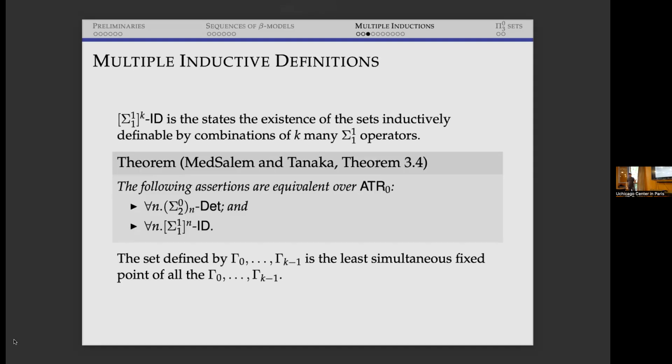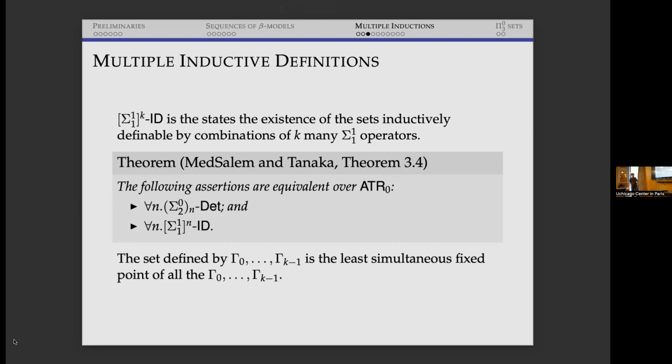And we want to do it for many inductive operators. So we get it for multiple inductive definitions. You get k many sigma 1 inductive operators, and you do the same to get the fixed point. So you get the first one, then repeat it until you get a fixed point, apply the second one once, and then go back to the first one, and so on.